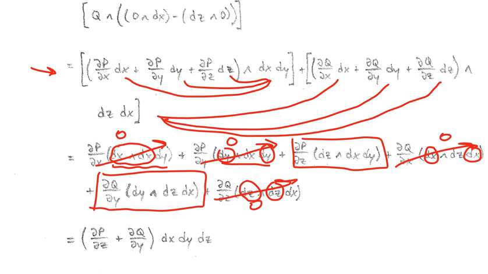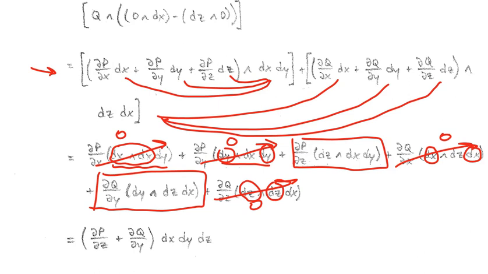And in our second term here, we have q sub y times dy dz dx. That also follows that cyclic order, so we can also rewrite that as dx dy dz, and it doesn't change anything. So what we're left with in the end is the 3 form, p sub z plus q sub y times dx dy dz.